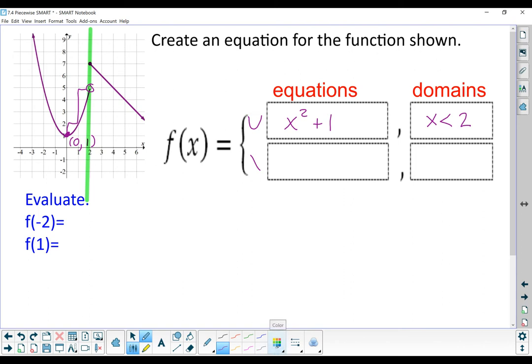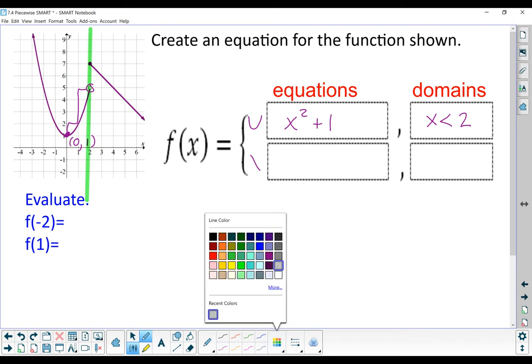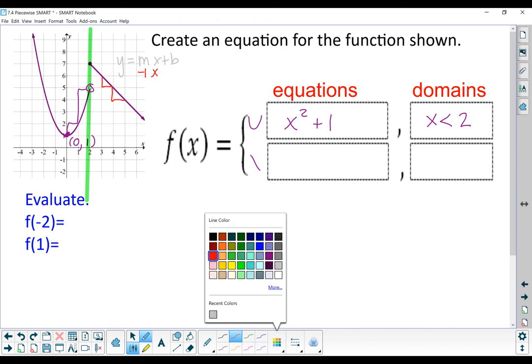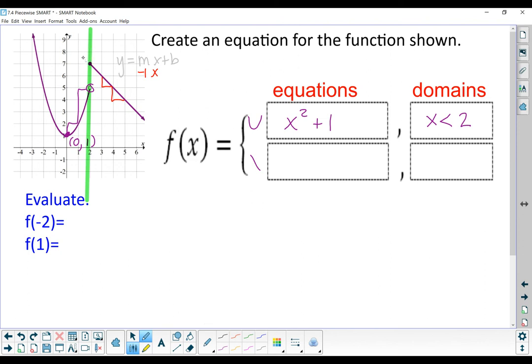The line here is a little bit tricky to write. When we write a line equation, we want to write it as mx plus b in slope-intercept form. The slope we can count off easily enough. This is going down 1 over 1, so that's going to be a -1. But the y-intercept is a little tricky here because the line gets cut off, so we don't see the y-intercept.